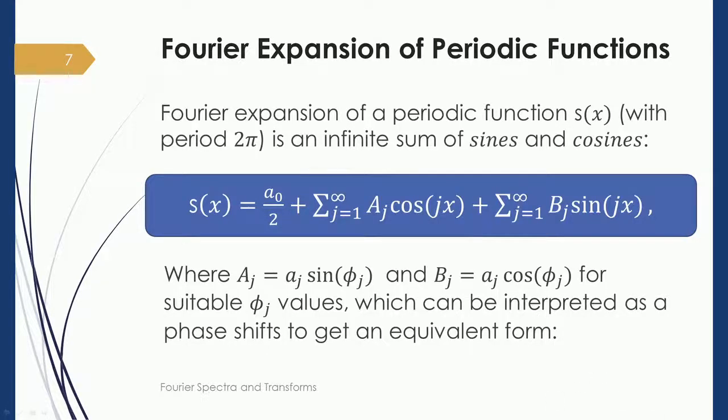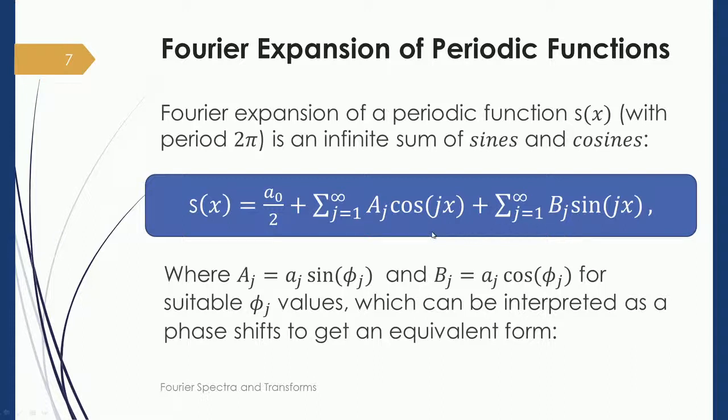This representation is called the Fourier expansion of a periodic function. So, as shown here, the periodic function s of x begins with a magnitude term a0 divided by 2, followed by an infinite sum of sine and cosine terms.